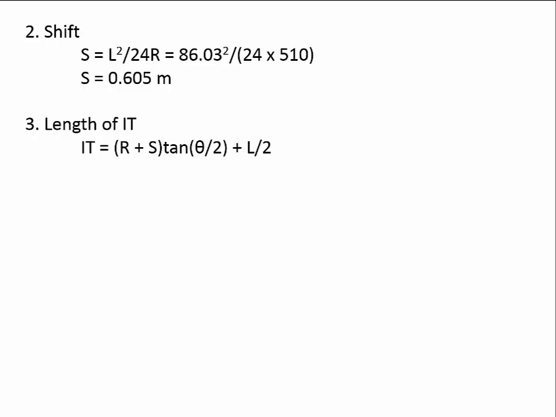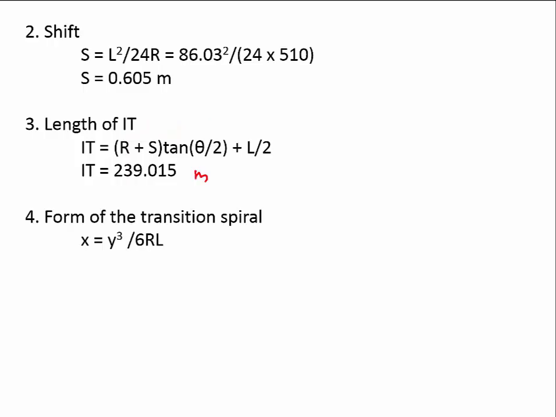The length of IT is the distance from the intersection point to that first tangent point. Putting all the values, we've worked out theta, we know L, we know R, we know S. So that's 239.015 meters. And that's then enough to work out the form of the transition spiral.